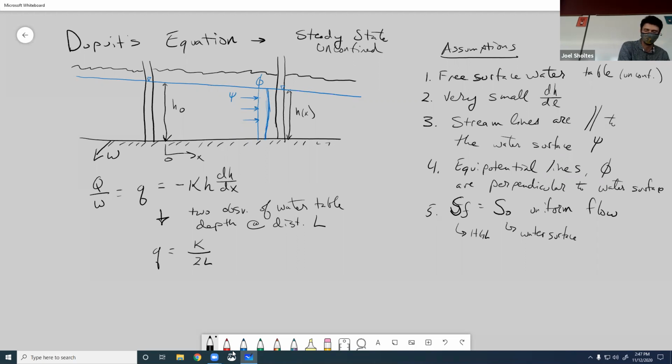So K over 2L times H naught squared minus HL squared. In this case, X is equal to L. So just some distance between this observation and that observation.